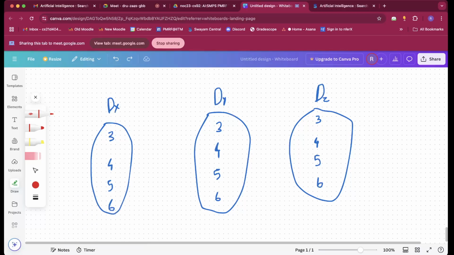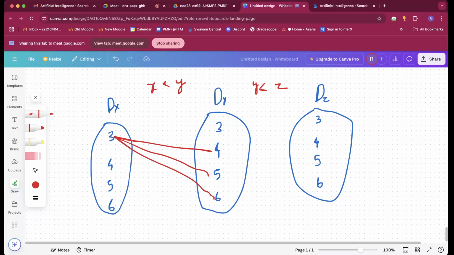So if we assign 3 to the variable x, then the values in y that will make sure that the constraint x less than y is satisfied... remember, one constraint is x less than y and the other constraint is y less than z. So 3 and 4 will be connected by an edge, 3 and 5 will be connected by an edge, 3 and 6 will be connected by an edge.